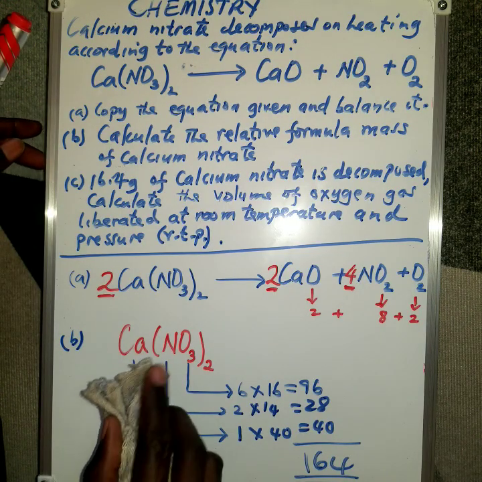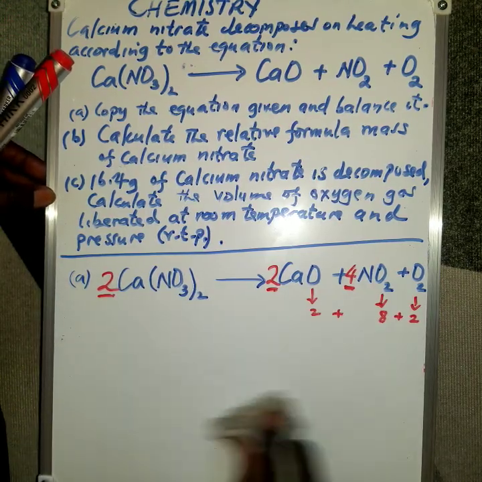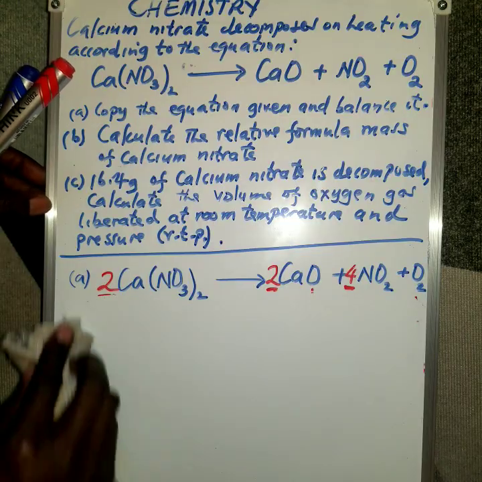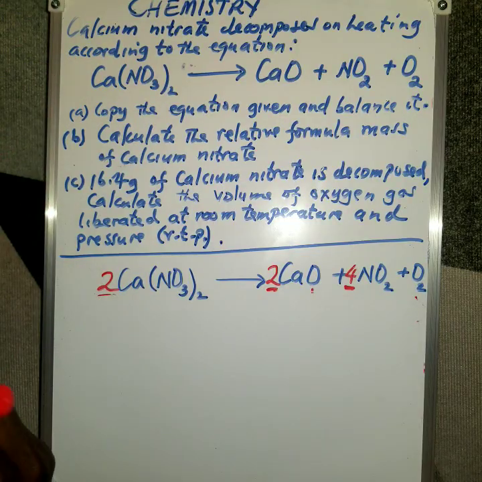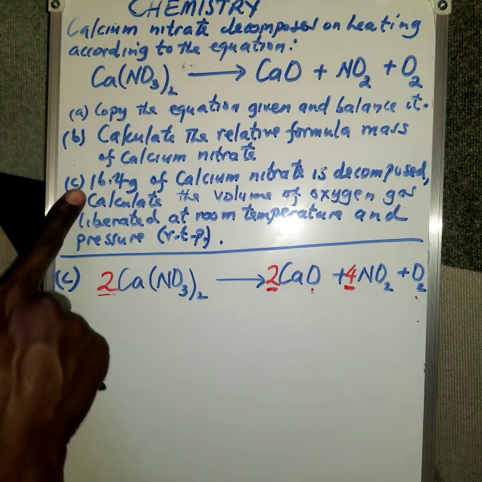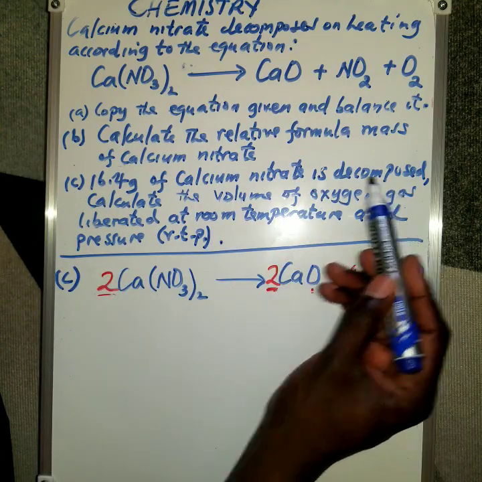All right, now let's come to the C part. Allow me, I'll use the balanced chemical equation, but I'll clear this up because I want to show you from there. Okay, so that is going to be my part C. It says 16.4 grams of calcium nitrate is decomposed.